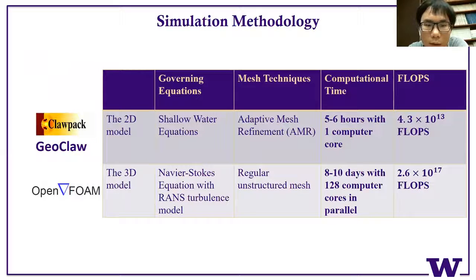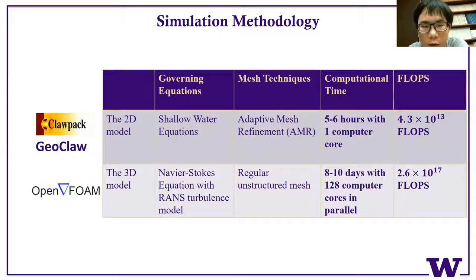It turns out it saves us a lot of computational effort. For this case, we model the entire rectangular region, and it takes only 5 to 6 hours on my own laptop. The 3D model, on the other hand, is much more expensive. It's not only because we are solving the Navier-Stokes equations, it's also because we are not using adaptive mesh refinement. The mesh we are using here is a regular unstructured mesh, in which you refine wherever you think you need a finer mesh, and the mesh is static during the whole simulation.